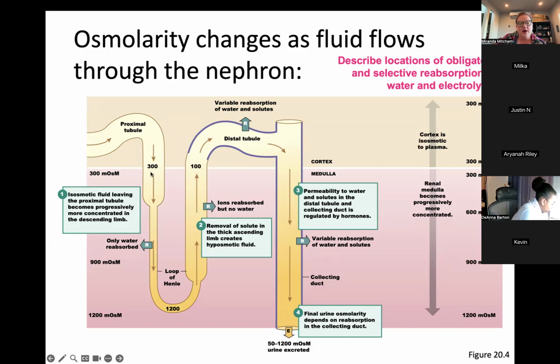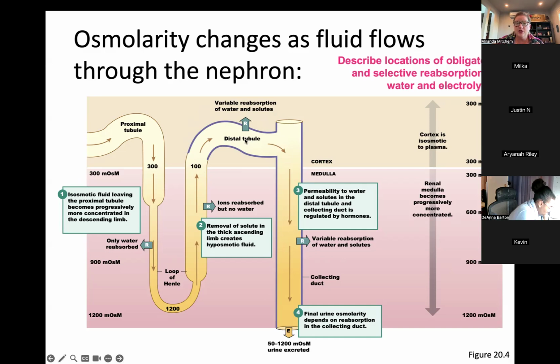However, as the filtrate moves through the descending loop of Henle, water is reabsorbed. So we're becoming more concentrated, and we reach our most concentrated point in the loop of Henle. But then as the filtrate continues its path, now we're reabsorbing ions. So we're taking the sodium, the chloride out, and we become more dilute, and remain dilute through the distal tubule.